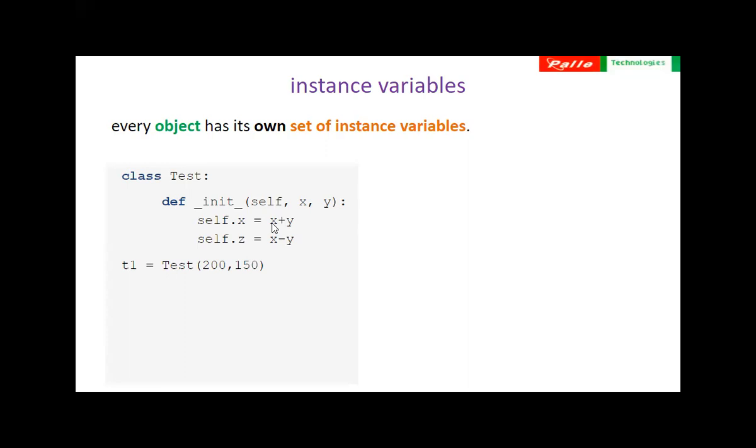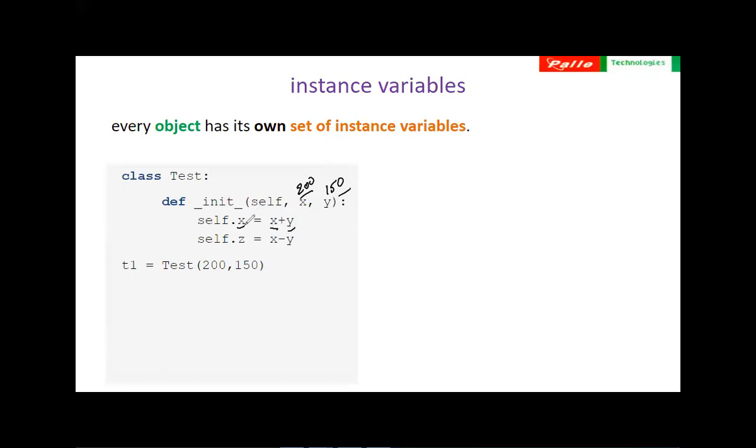Is this x an instance variable or a local variable? What is stored inside x? x is 200, y is 150, so x plus y, 200 plus 150 is 350.